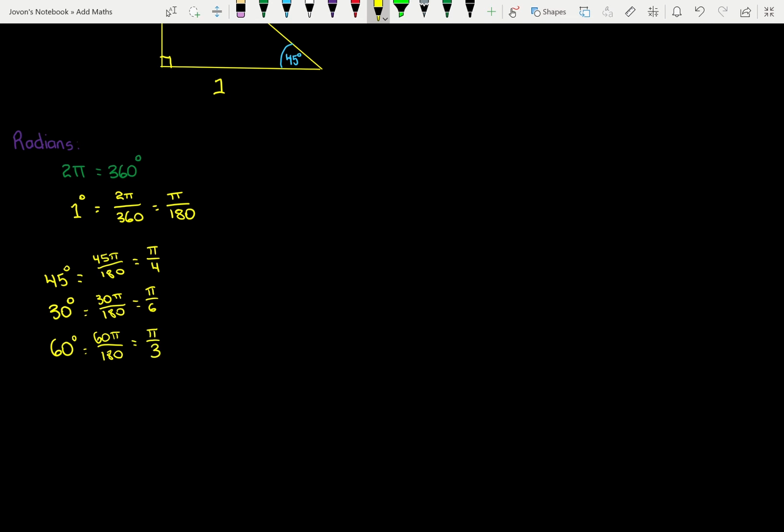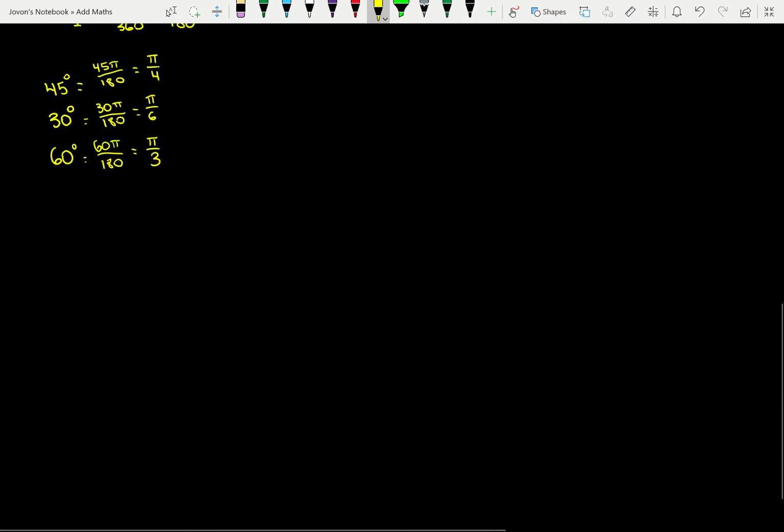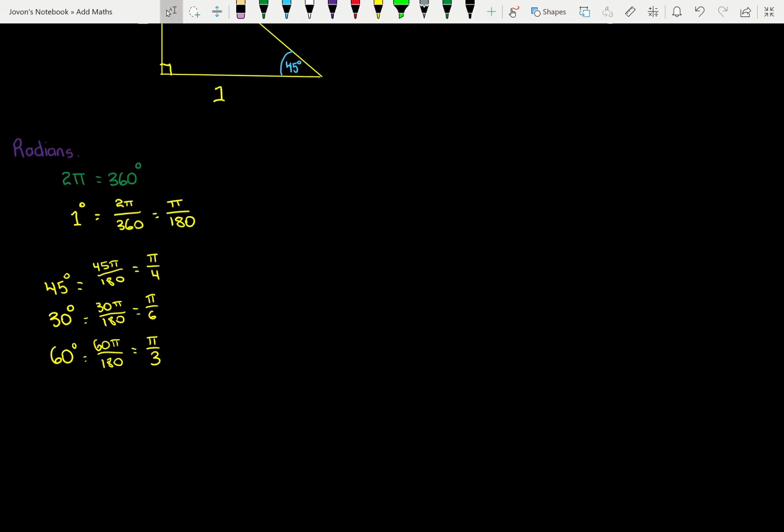Now these are the most important ones. These 3 angles we need to be able to express in both radians and degrees because they'll come up a lot. So again, 45 degrees is pi over 4, 30 degrees is pi over 6, and 60 degrees is pi over 3.